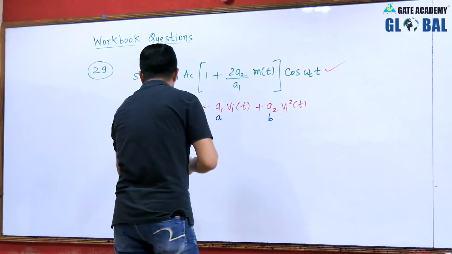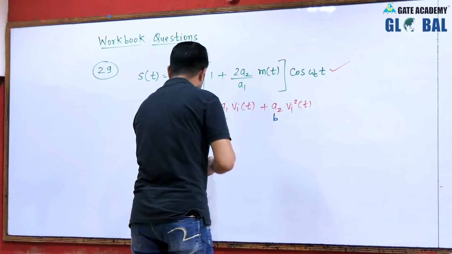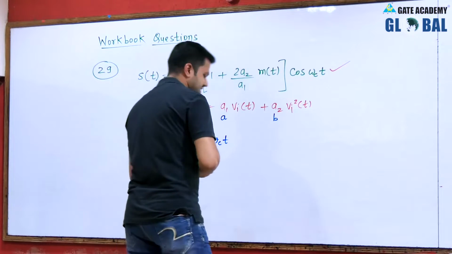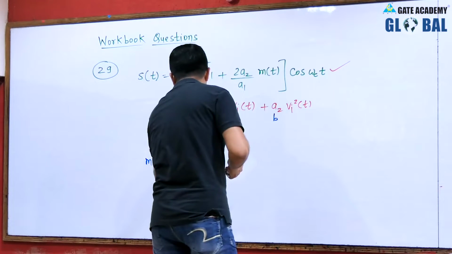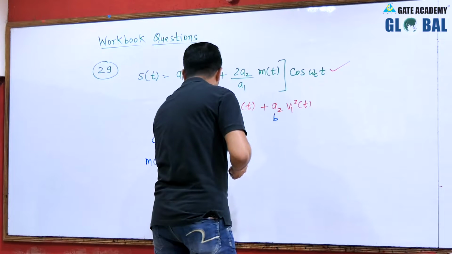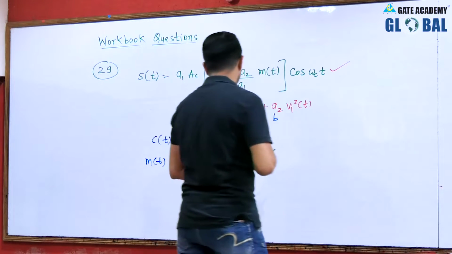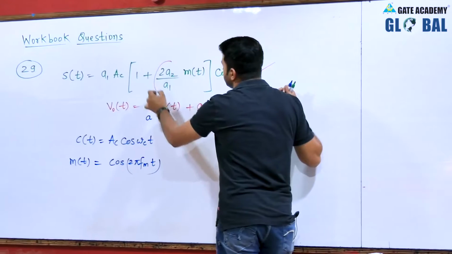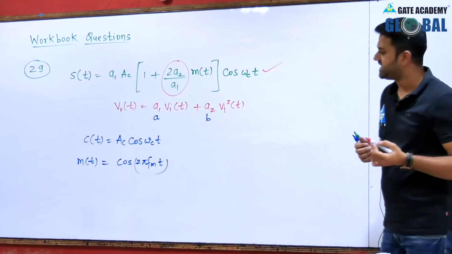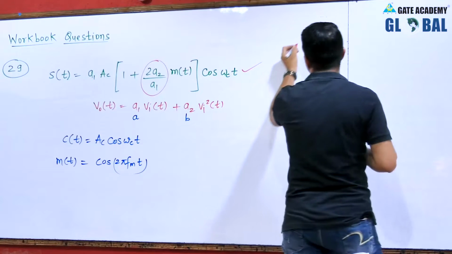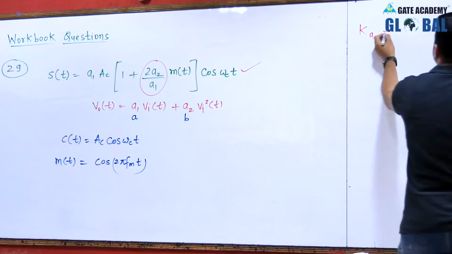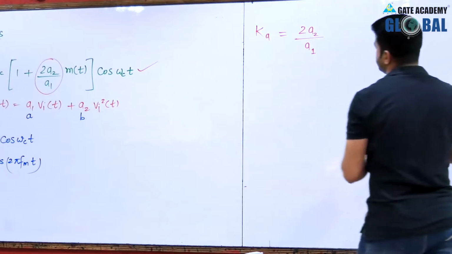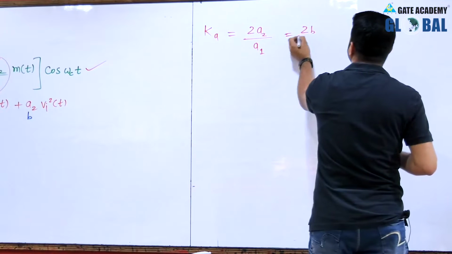The carrier signal c(t) is Ac cos omega_c t and the message signal m(t) is cos 2 pi fm t. So on comparing this term with the standard expression, we know that this term gives the value of Ka, which is the amplitude sensitivity, that is 2A2 by A1, and in our case it is 2B by A.